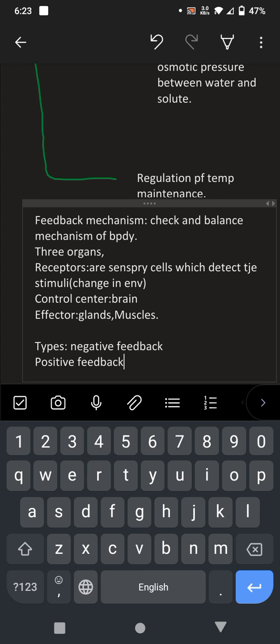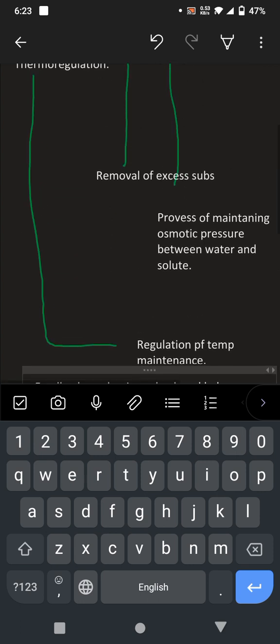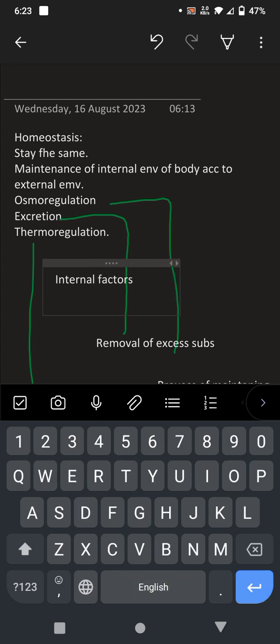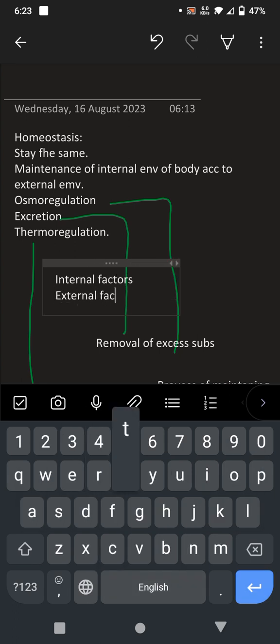Let me tell you one important point related to homeostasis. For the maintenance of homeostasis, there are two types of factors required: the first one is external factors and the second one is internal factors.